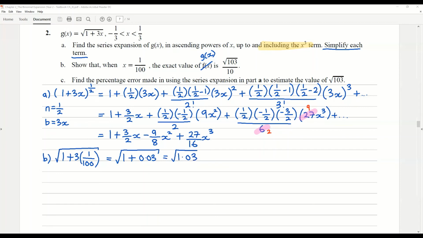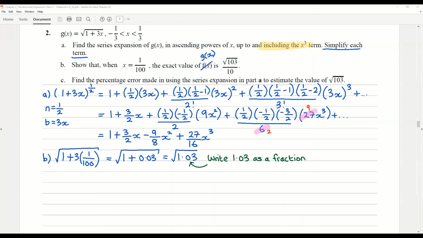So how do we get the 103 inside the square root? Well, once again, this is the key step, and I made a big fuss of it last time. What we need to do is we need to write 1.03 as a fraction. Okay, and if you do that, everything will fall into place.